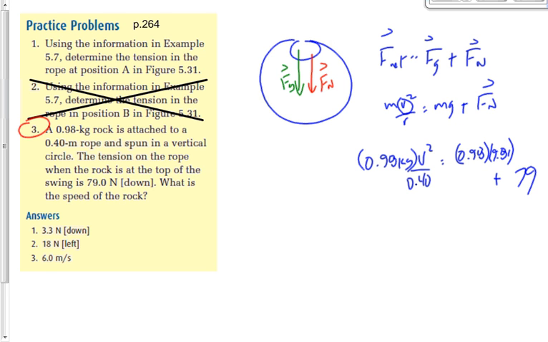Let's worry about the signs here. Gravity, which way is it? Up or down? Good, so it's positive or negative? Good. What about the normal force? The normal force here, positive or negative?